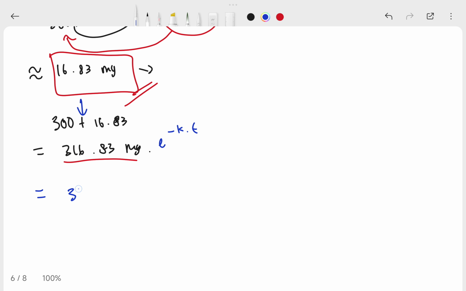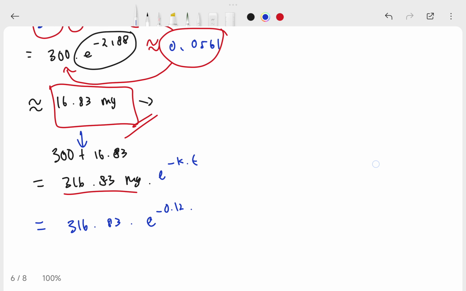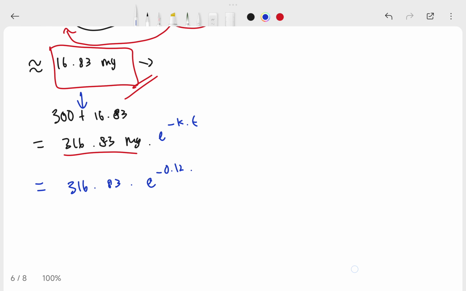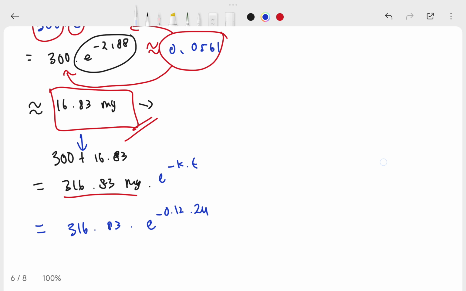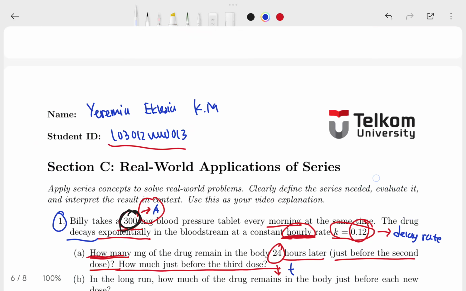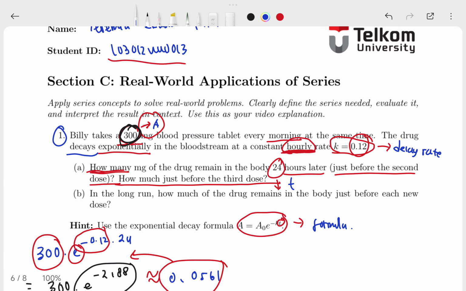Then we get 316.83 times e to the power of minus 0.12 times, what is the T? 24 hours, right? Because after the second dose, he asks about the remaining grams of drug in his body just before the third dose.